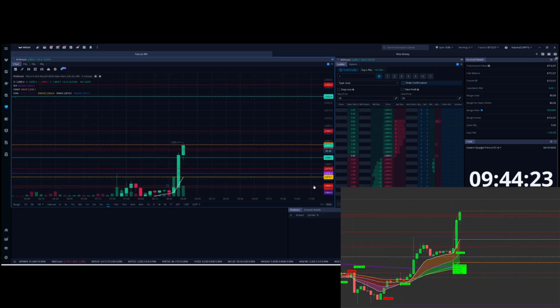We're going to wait for confirmation, which is a candle outside of this range, and then we'll target yesterday's high.